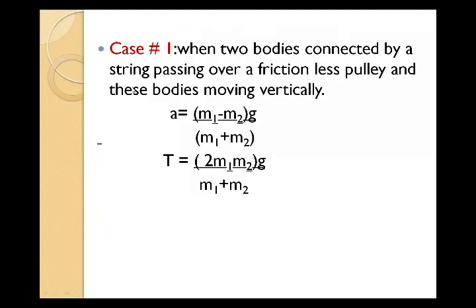Again, we have discussed case number 1, when two bodies are connected by a string passing over a frictionless pulley and these bodies are moving vertically. The acceleration for the two bodies is given by the formula which you can see on your slides, and the tension is given by T equals 2m1m2g divided by m1 plus m2. These are the two formulas which we use in case number 1.